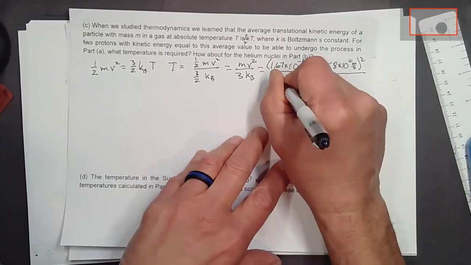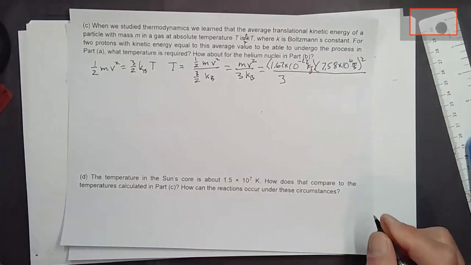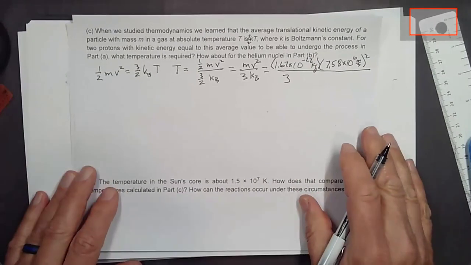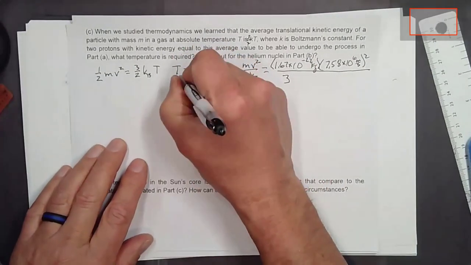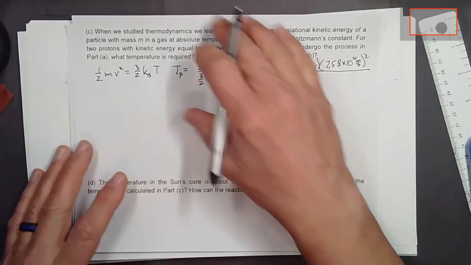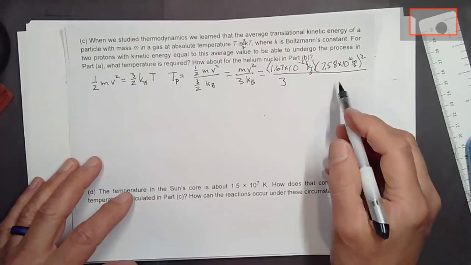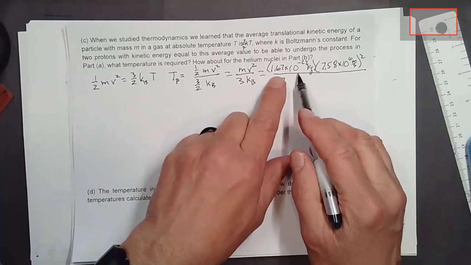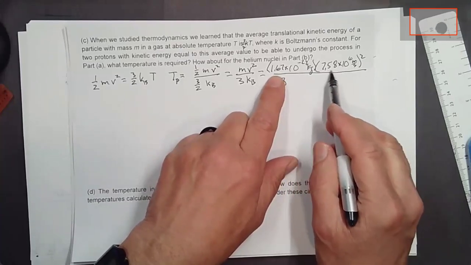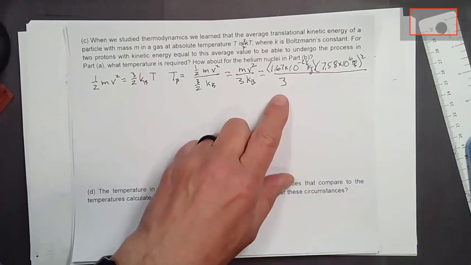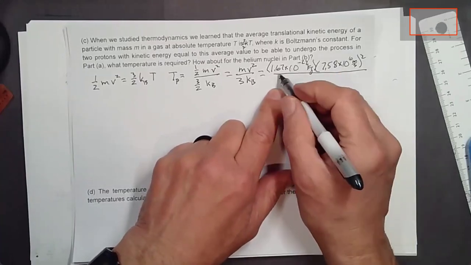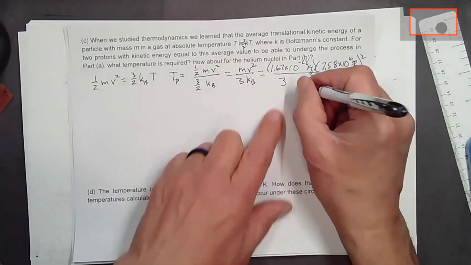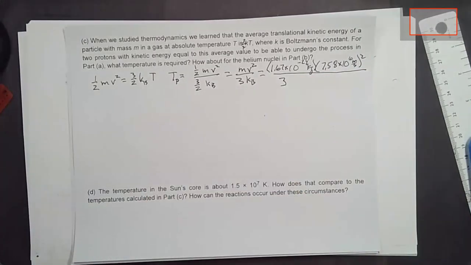And then 3 times k sub B. This is for the protons. When I do it for the helium nuclei, I may be able to just change a couple of numbers in the numerator of this. Well, I'll have to put a 2.99 times that. Oh, well, 3. Boltzmann's constant, 1.38 times 10 to the minus 23rd joules per Kelvin, I think.